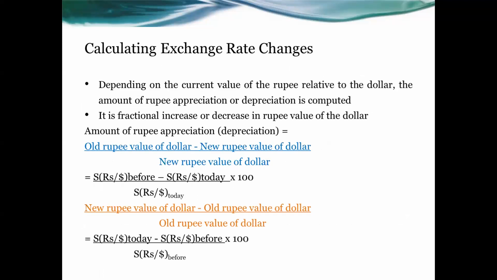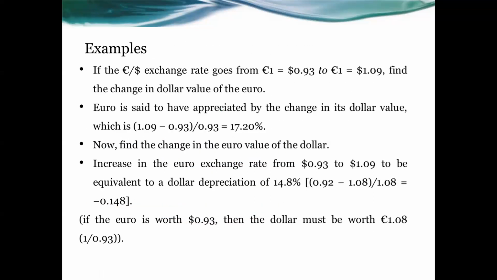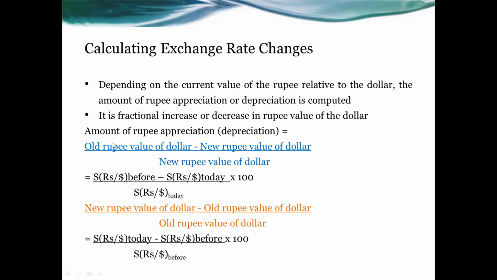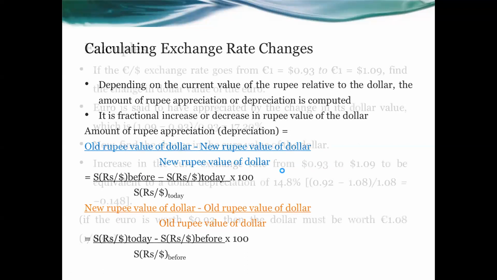Here, old value minus new value divided by new value. The old value in this case is 0.93, and the new value is 1.09. Based on the formula, it has to be old value minus new value divided by new value.